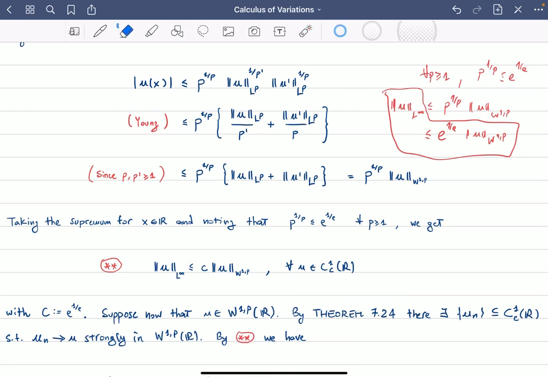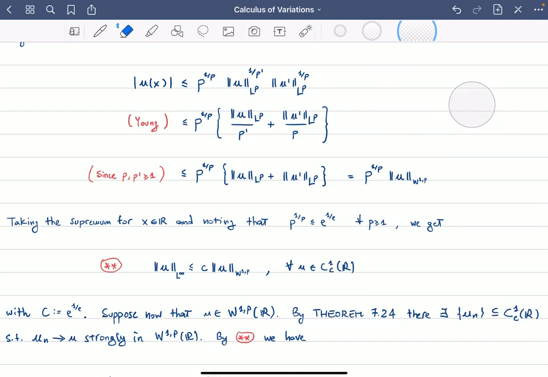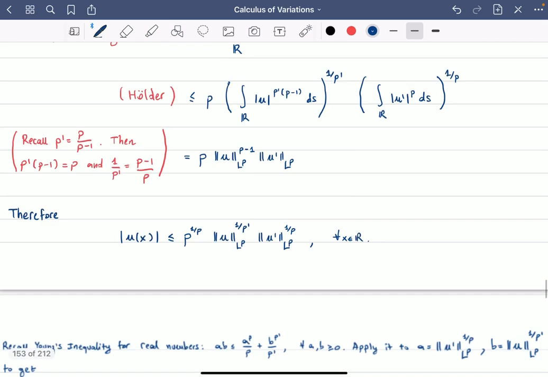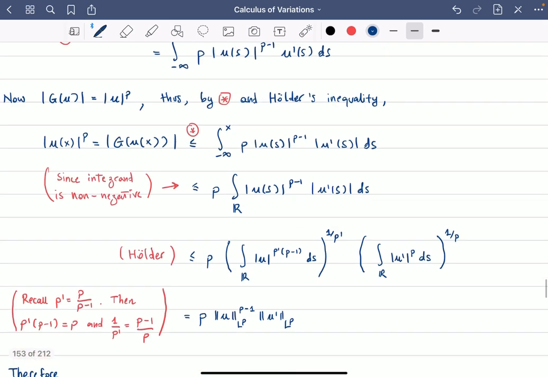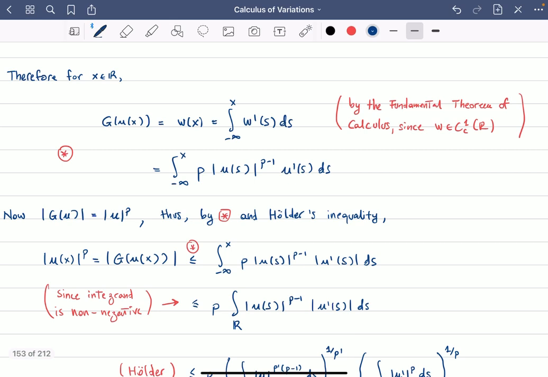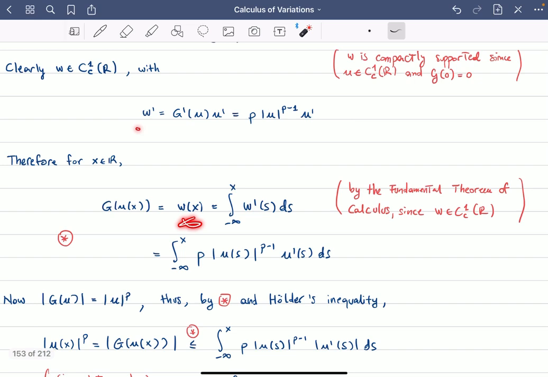But that's usually how things go. Now we proved it for smooth functions, because it was easy to write down this formula. If u was smooth, then this function w was differentiable, right?